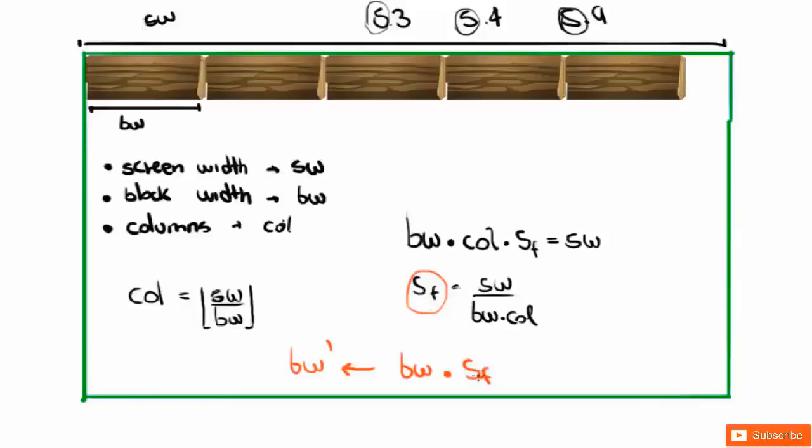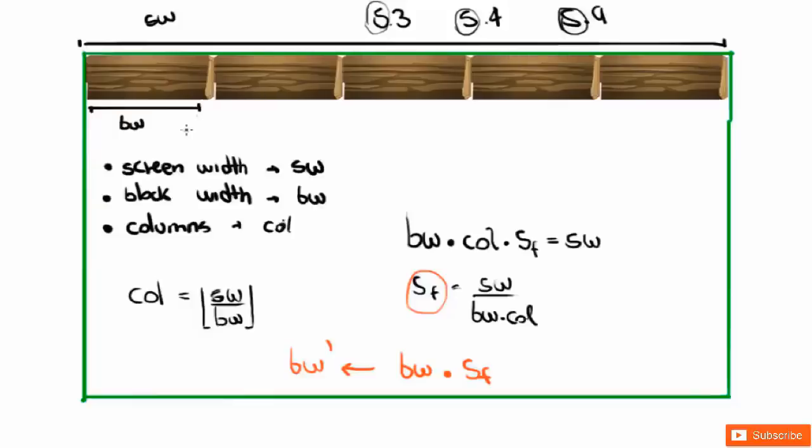So this SF is actually what drives the width of the block. Of course, we're gonna end up stretching maybe a lot our textures, but this is going to give us the effect of always filling all the screen, exactly as we did here.